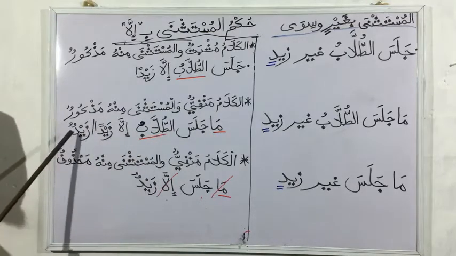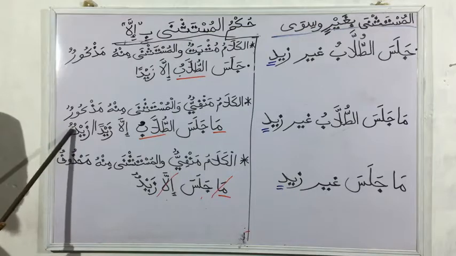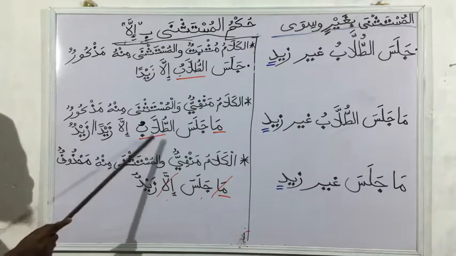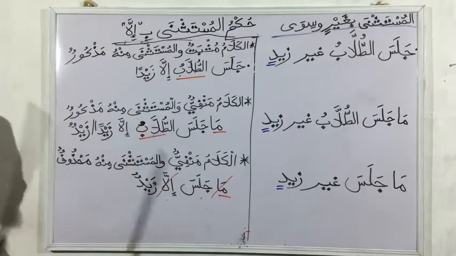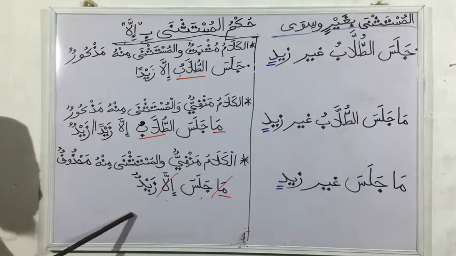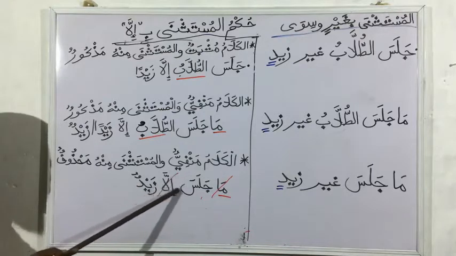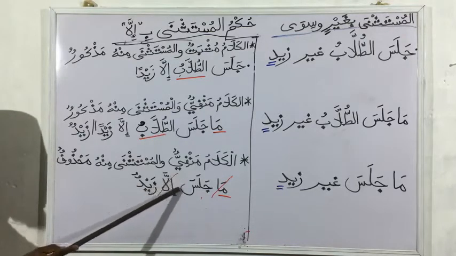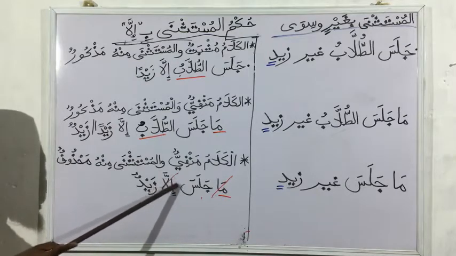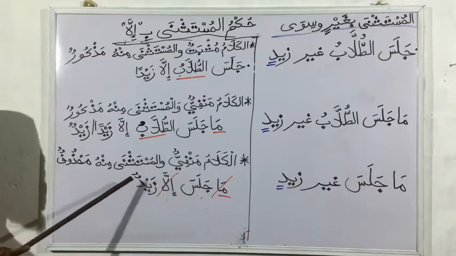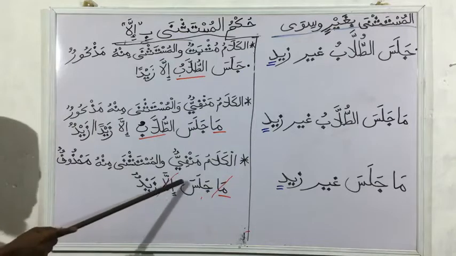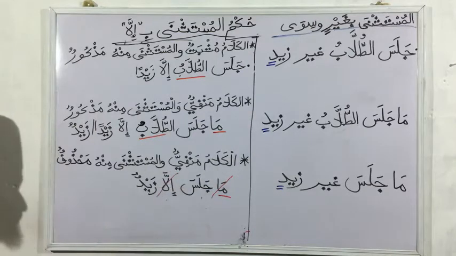And it takes another state, because your mustasna minhu is in that state also. Look at this third situation too. When we cancel out this, our mustasna follows the rule of the missing word, mustasna minhu, because it's taken off from here.